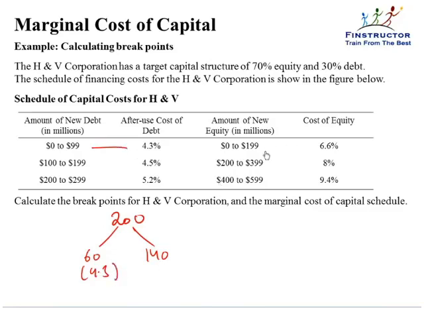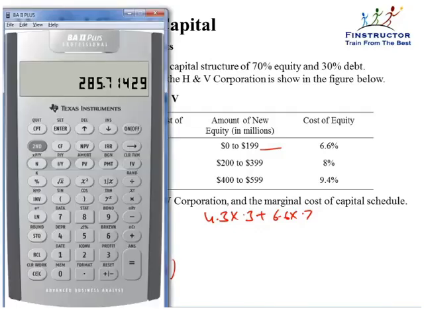And what is the cost of equity at 140? 6.6. So it will be 4.3 into 30% plus 6.6 into 70%. Weight of debt into the cost of debt. This is the after-tax cost of debt. Let's calculate.